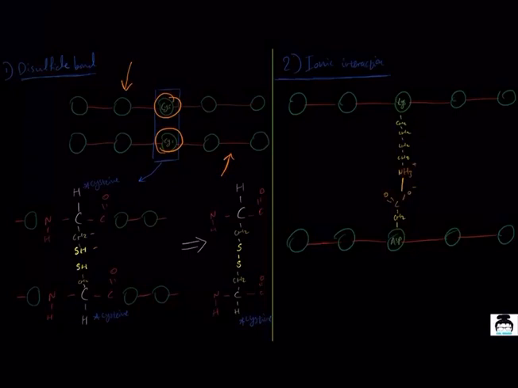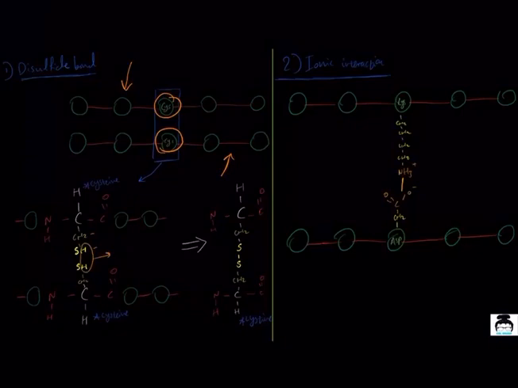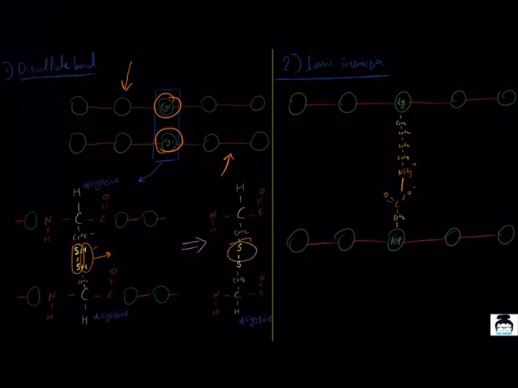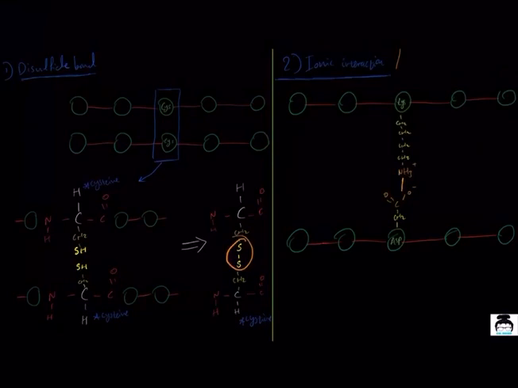Now what is going to happen between these two cysteines? These two hydrogens will be removed, and these two sulfurs will form a bond as such. You remove the hydrogen from here, and now these two sulfurs can connect. This connection is what we call a disulfide bond.